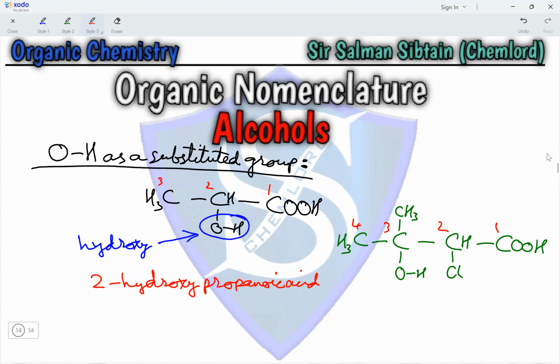So the only way we can name this compound is giving alphabetical preference to the substitute group. So there are three substitute groups here. We have a methyl group M, a hydroxy group H, and a chloro group C. So alphabetically, C comes before H and H comes before M. So the name of this compound would become 2 chloro 3 hydroxy, then we would have 3 methyl as well.